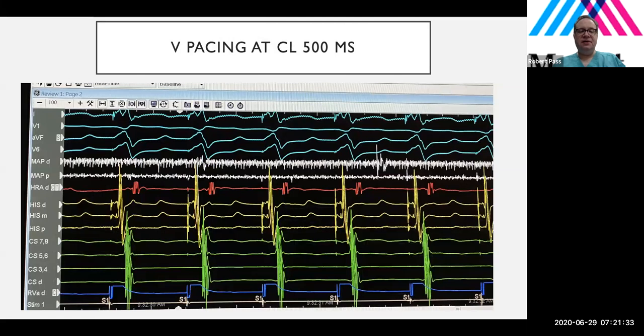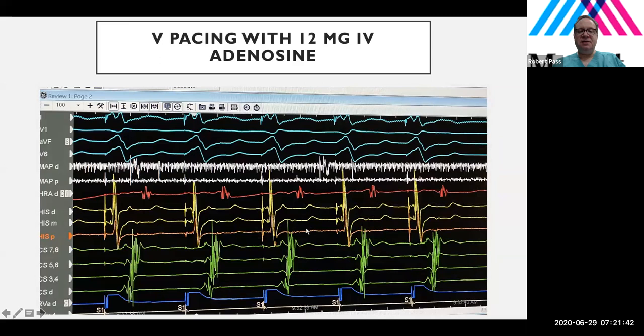So this is an unusual form of concealed accessory pathway in that when we pace the right ventricle, we don't actually engage the pathway, and we're going up the AV node. But when we give adenosine and block it, we are able to go up the pathway. So the question, of course, is why is that? We don't really know, but probably the most likely reason is that in a young patient, remember this patient is only 9, retrograde AV node conduction is probably very robust.